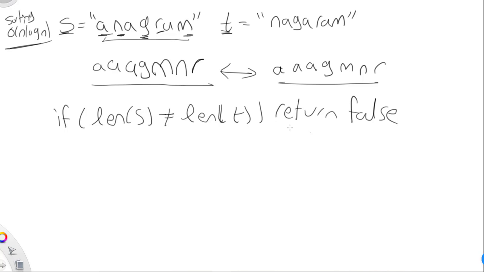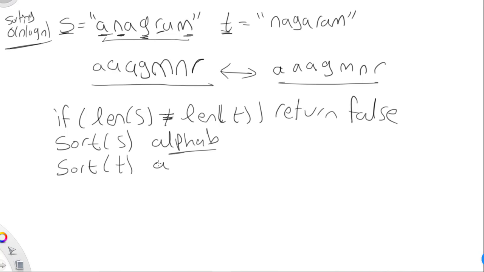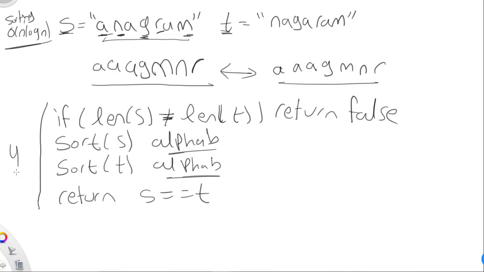Then you sort S alphabetically, and then sort T again alphabetically, and then return whether S is equal to T. So if S is equal to T, return true, else return false. And that's basically it. That's the entire algorithm, literally 4 lines of code.